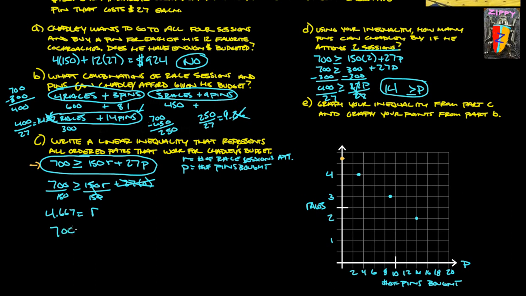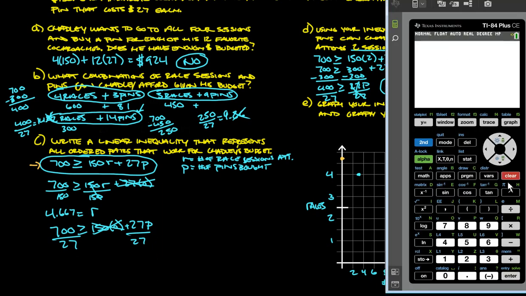So we're going to do 700 greater than or equal to 150 times 0 plus 27p. So that turns into nothing. We would divide both sides by 27, and that will tell us what our y-intercept is over here, which looks like I didn't leave us enough room, but that's okay. We'll make it work. 700 divided by 27, 25.9.